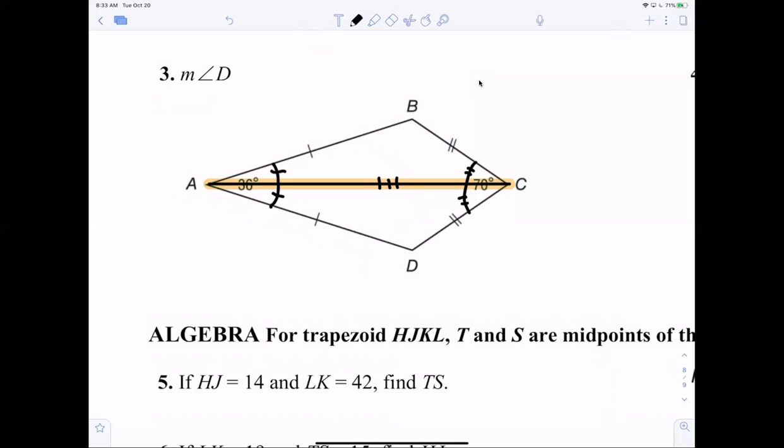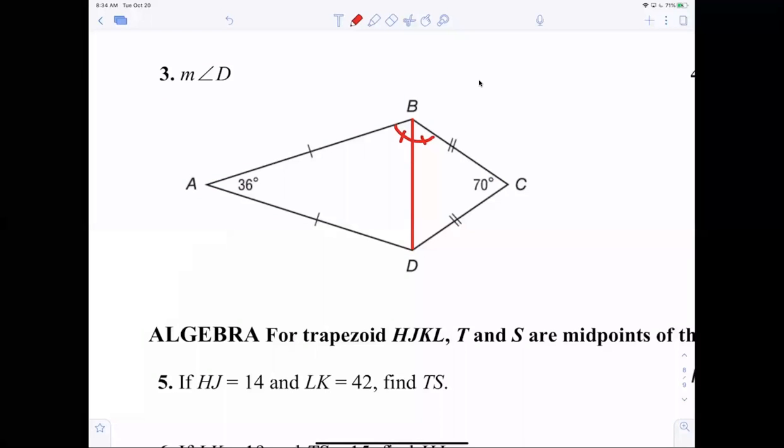Now what we're going to do is draw this. This is also a diagonal. Just to show you that you don't have to memorize everything: are these two angles equal here?